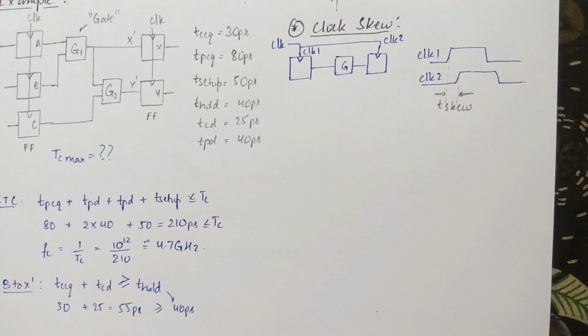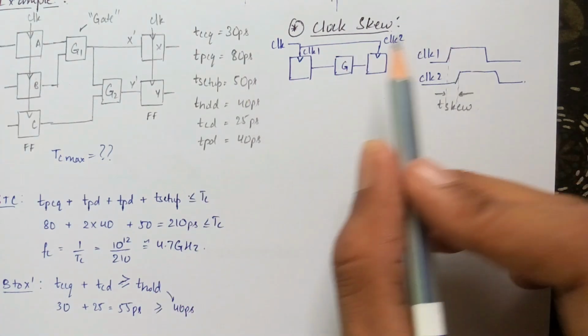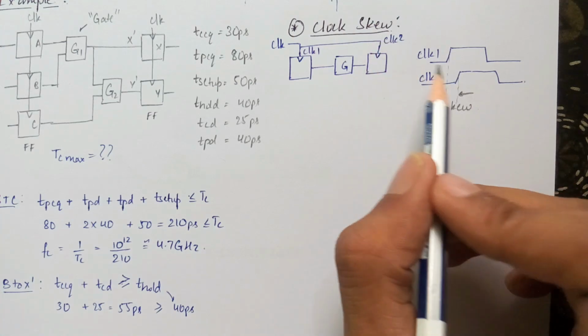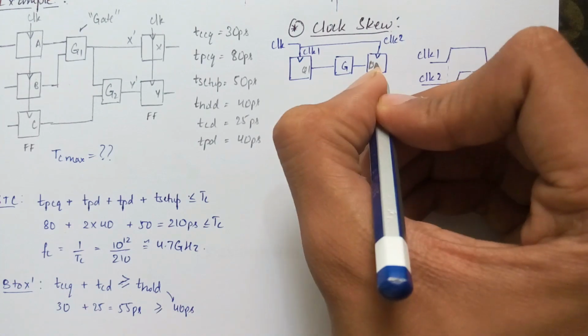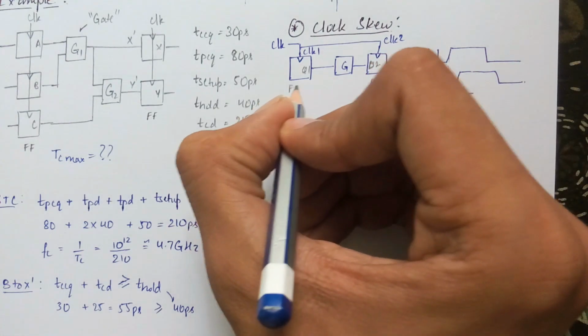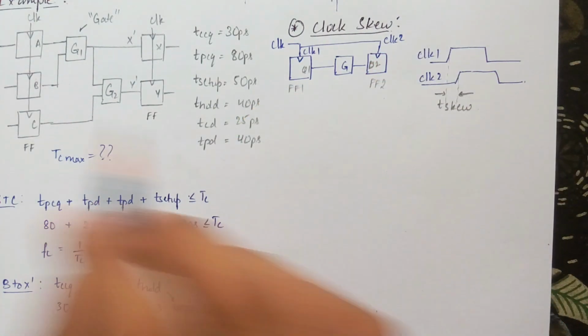When doing timing analysis, we always consider the worst case scenario so that the circuit works under all situations. So let's add the clock skew effect to our timing constraints. Consider the same circuit again, this time with clock skew considered.